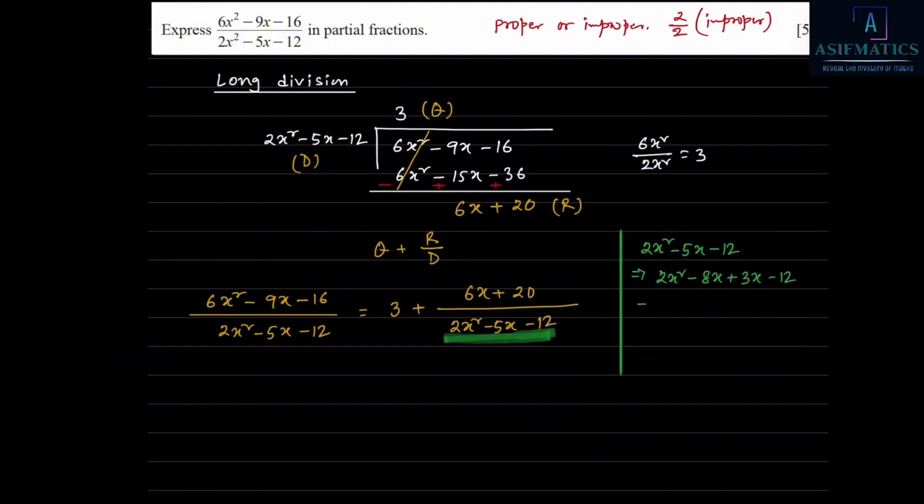Then we can write 2x into x minus 4 plus 3 into x minus 4. Here we will have factors 2x plus 3 and x minus 4. You have to do this little working here, because you need to bring the denominator into factor form.